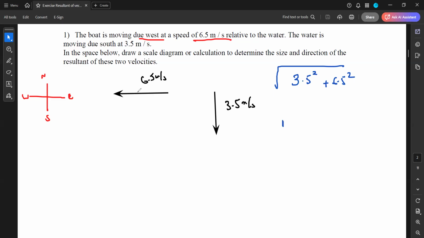What's the final answer? 7.38, or 7.4 meters per second. Okay, so we got the magnitude or the size done.